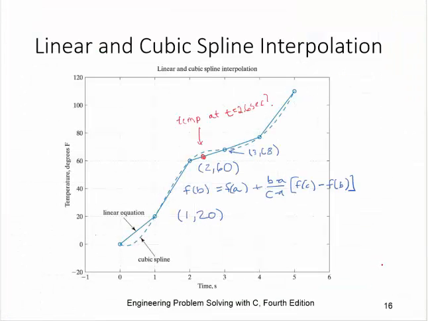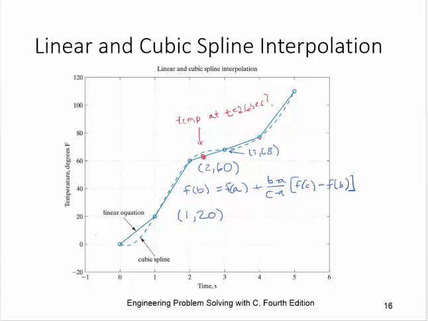So back to this problem in the textbook showing you what a linear interpolation is. So the problem is I have some data points and I want to say, oh, what was my temperature at t equals 2.6 seconds? So I note that I know this data point is 260.